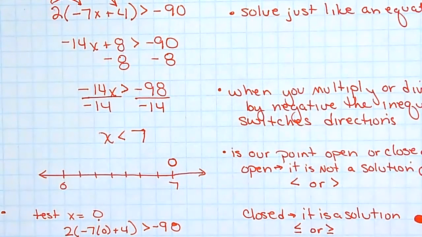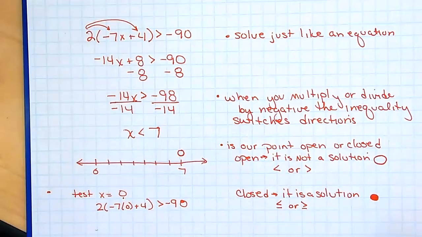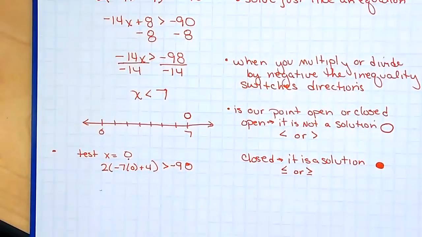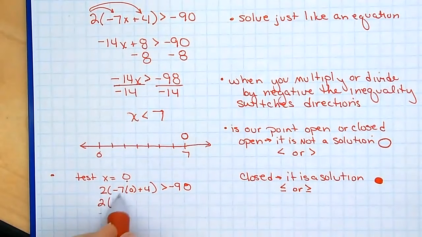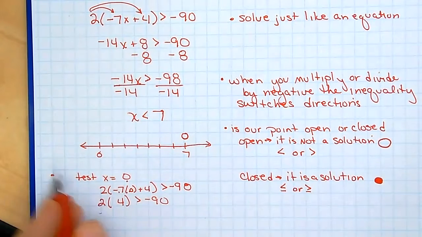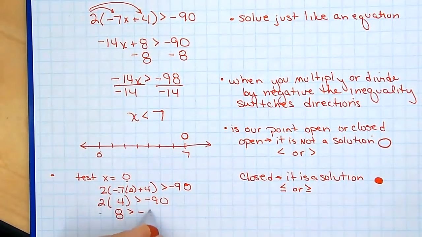Let me zoom out just a little bit. Now I just simplify it and see if it's true or not. So 2 times negative 7 times 0 is just 0, plus 4 is 4. Is that greater than negative 90? Is 8 greater than negative 90? And the answer is yes.